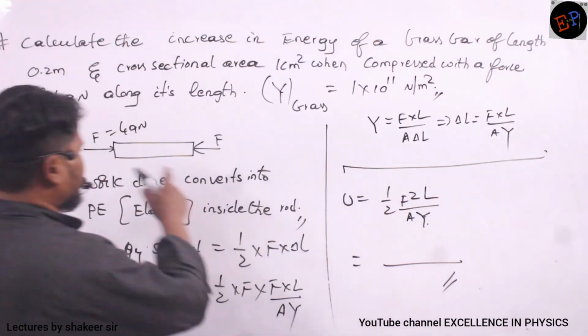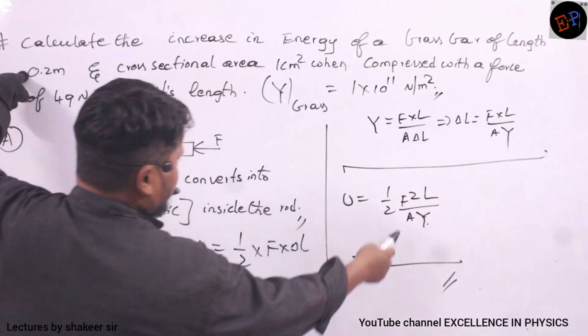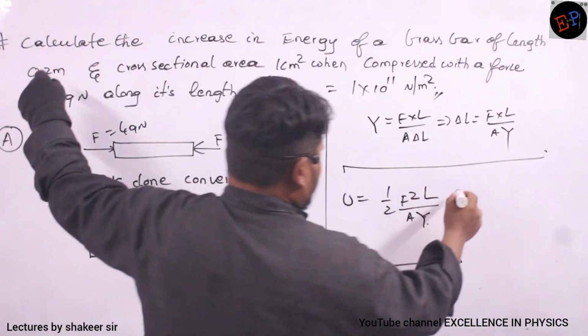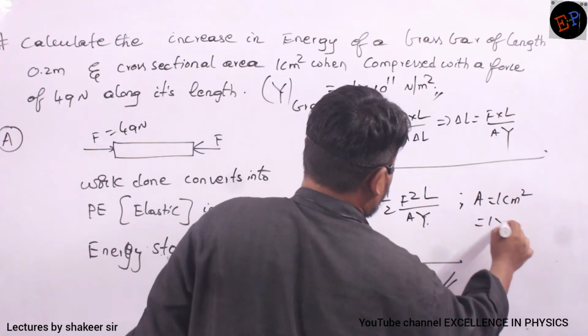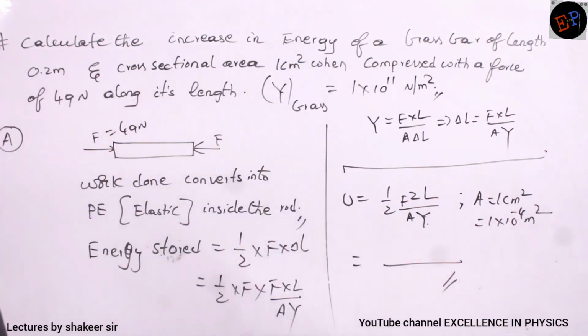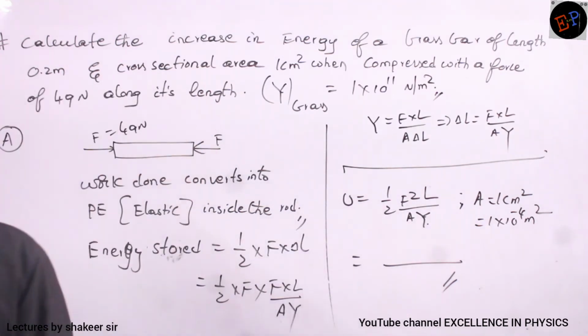Force is how much? 49 Newton. Initial length of the rod is how much? 0.2 meter. Area of cross section is how much? 1 centimeter square. I can write it as 1 into 10 power minus 4 meters square. That is in CGS system now. Centimeter square is in CGS system, convert it into SI system.